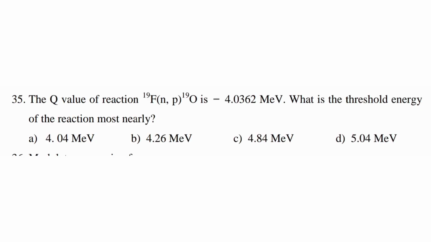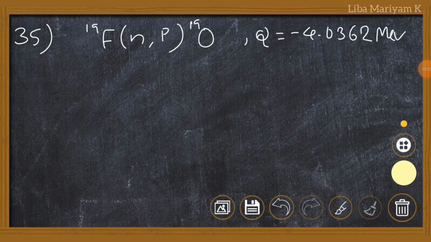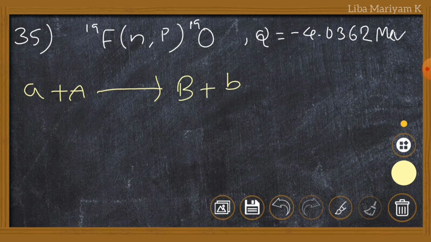35. The Q value of reaction is minus 4.0362 mega electron volt. What is the threshold energy of the reaction? Given a nuclear reaction with Q value minus 4.0362 mega electron volt, and this reaction represents that fluorine is being bombarded with neutron and produces oxygen by emitting proton. ഒരു പ്രൊജക്റ്റൈൽ വന്നിട്ട് ഒരു ടാർഗറ്റ് ന്യൂക്ലിയസിൽ തട്ടുന്നു and produces a daughter nucleus and some particle is emitted.